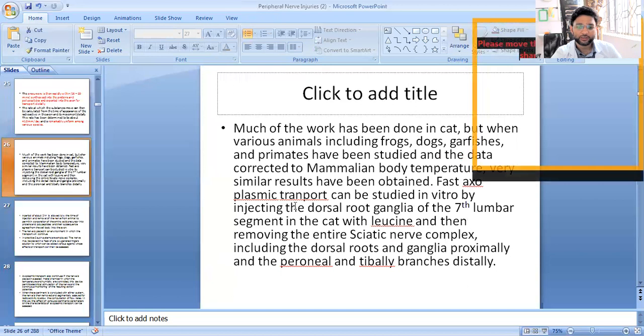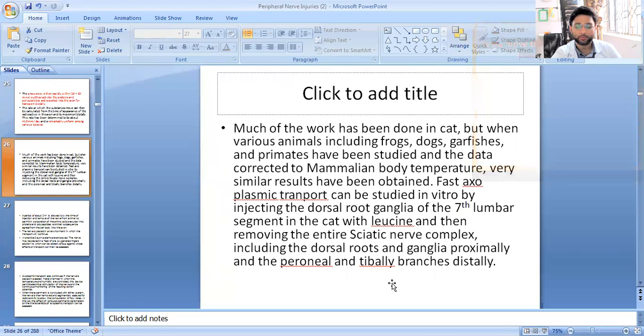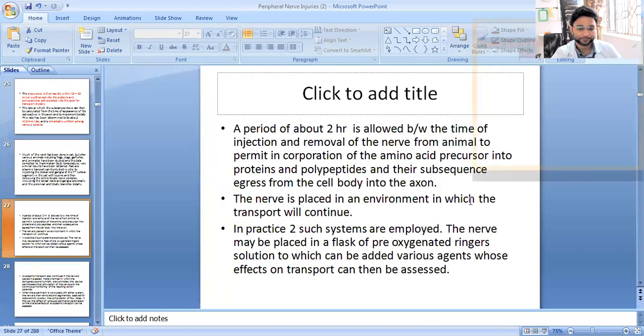Fast exoplasmic transport can be studied in vitro by injecting the dorsal root ganglion of the seventh lumbar segment in the cat with leucine and then removing the entire sciatic nerve complex, including the dorsal roots and ganglia proximally and the peroneal and tibial branches distally.